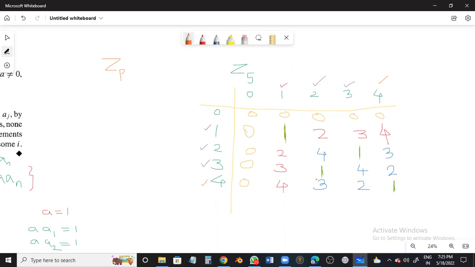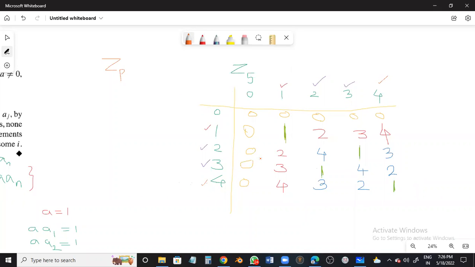Okay? I feel you are getting me. Again now, if you see for 3, if I multiply by 3 to every element, what do I get? 3 zeros are 0, 3 ones are 3, 3 twos are 1, 3 threes are 4, and 3 fours are 2.